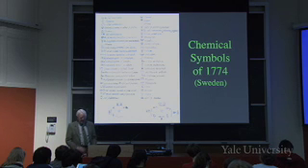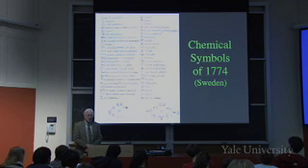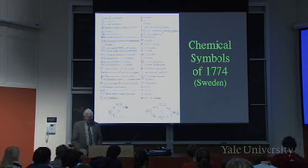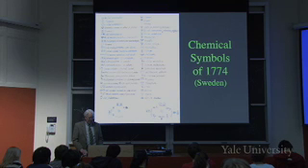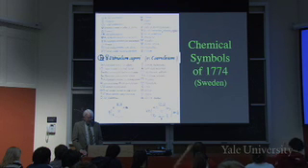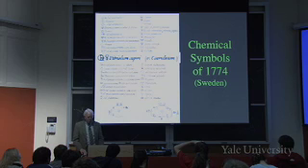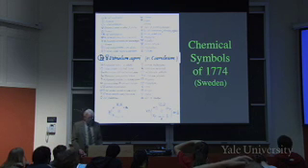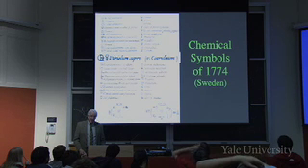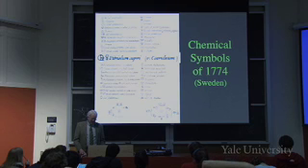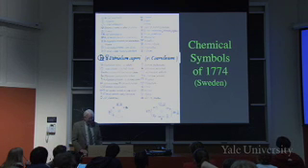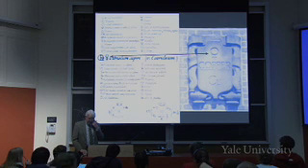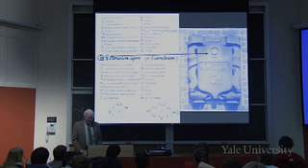Okay, so in 1774, this is a table printed in Sweden of symbols for elements and compounds. And you see, for example, here's vitriolum cupri, or vitriolum ceruleum. Do you know what cupri is? That's the symbol there of copper, right? So why would it have been called ceruleum?